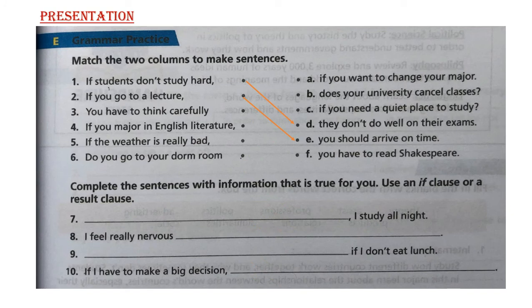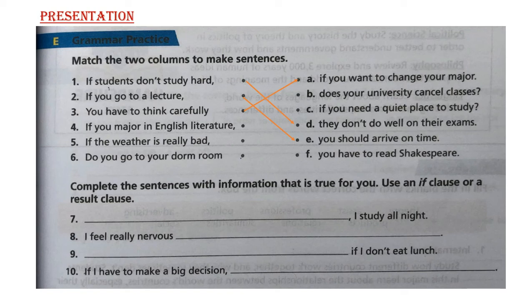Of course, if you go to a lecture, you should arrive on time. Number 3, you have to think carefully. For what? If you want to change your major, you have to think carefully.